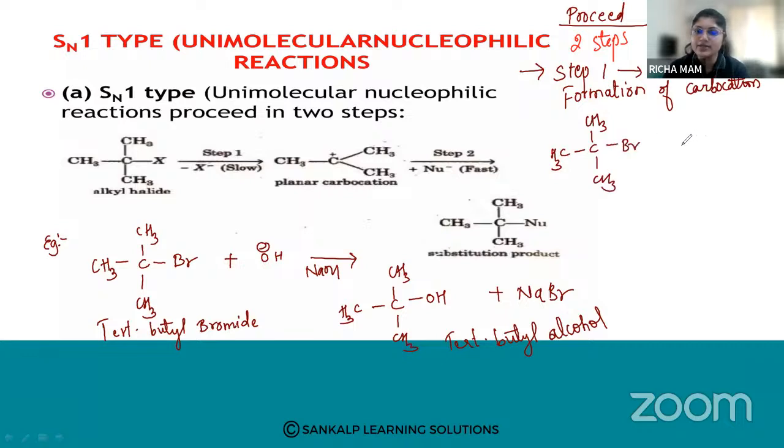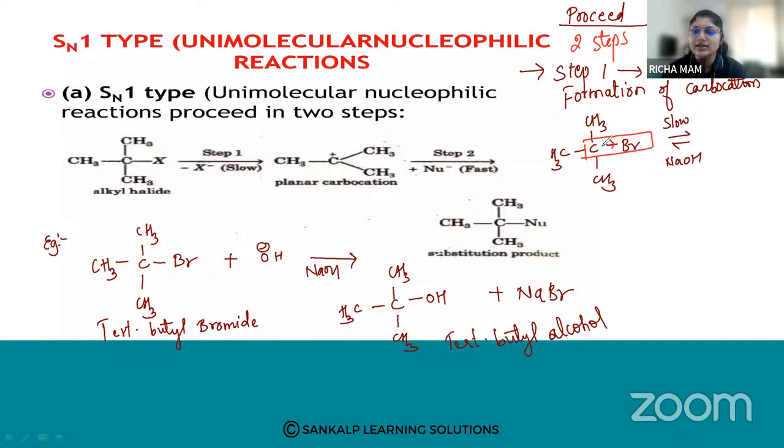This is a slow step, in the presence of NaOH. What will happen? The C-Br bond, as you know, is a polar bond. As bromine is highly electronegative, the electrons will tend to be pulled towards itself.